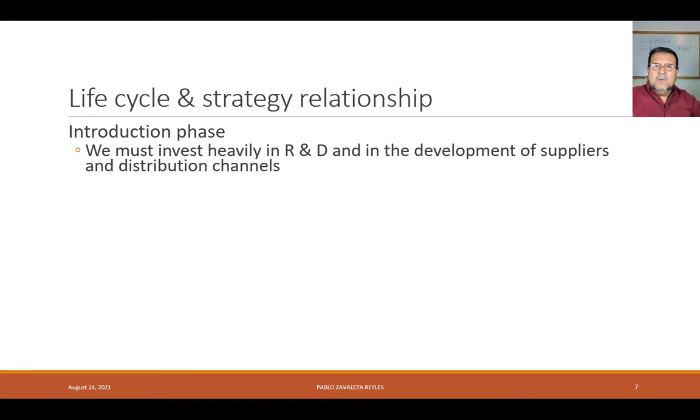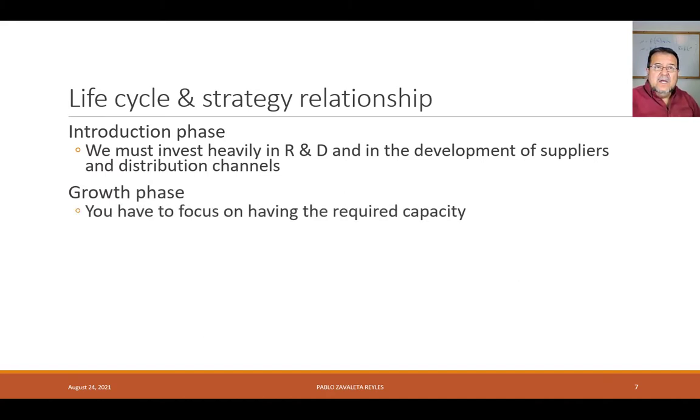Of the complete process that we have outlined before regarding the suppliers, transformation and distribution, during the introduction phase, suppliers and distribution are the two topmost that we need, and research and development in order to develop further our product and to start to prepare ourselves for the growth phase, where we have to focus on capacity, being able to attend to all our clients' demands.